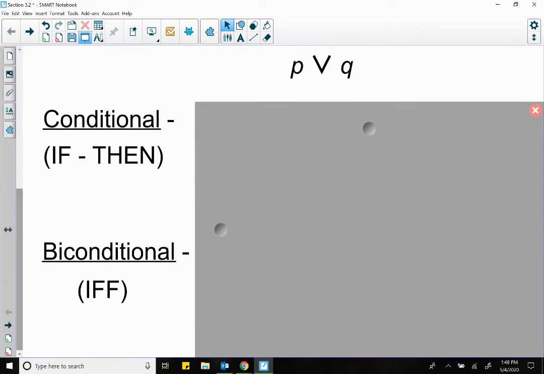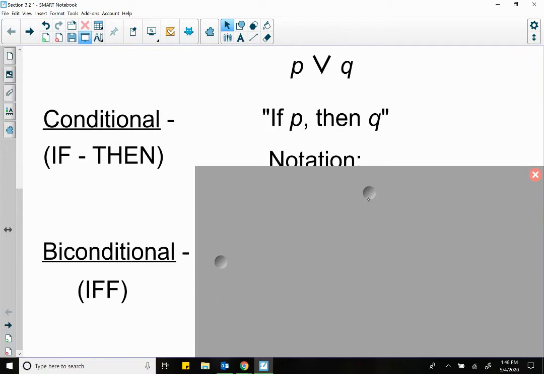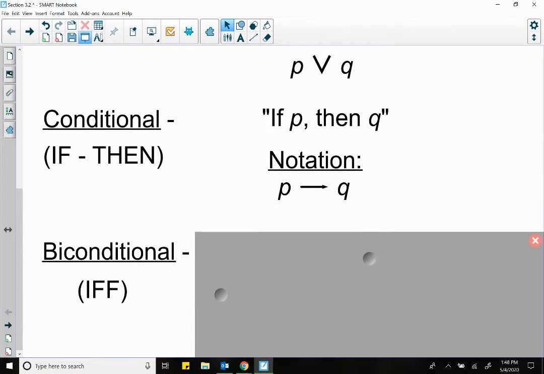All right. Conditional. If thens. So these statements look like this. If P, comma, then Q. Now there are lots of other ways that we can write this up. I'll give you a page to look at here in just a second. But the notation is right down below that.